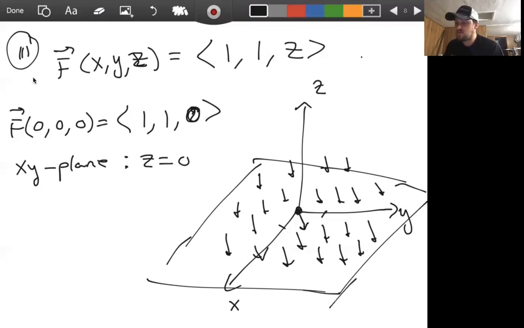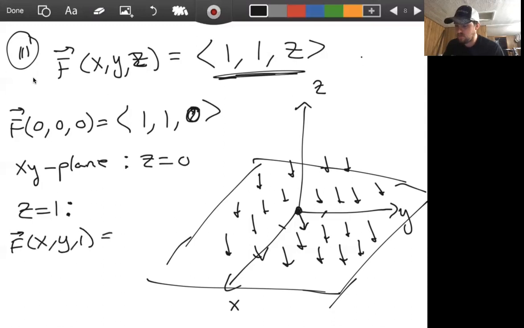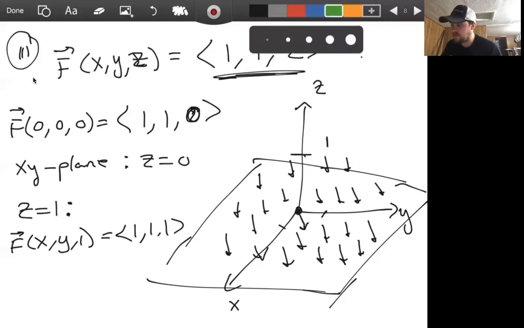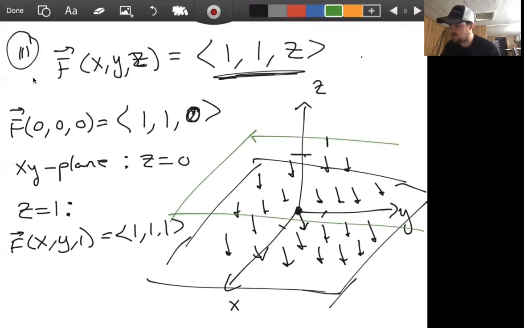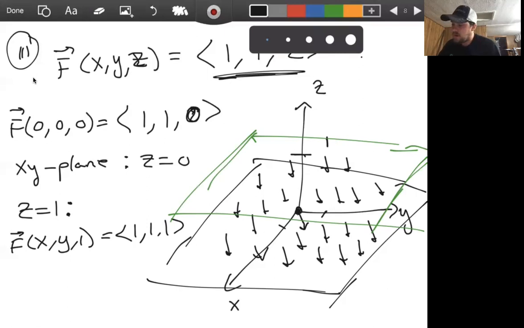Here, this particular vector field is quite nice to picture what's going on, because you can look at when z equals 1, right? And so you'd have points like f of x, y, 1. Well, these would just be all vectors 1, 1, 1. So when you're up 1 unit, say this green plane is at the level z equals 1, then you're going to have vectors 1, 1, 1.